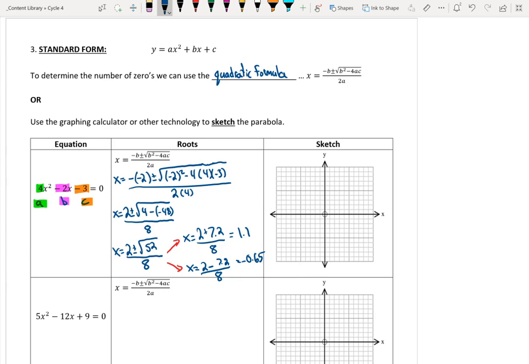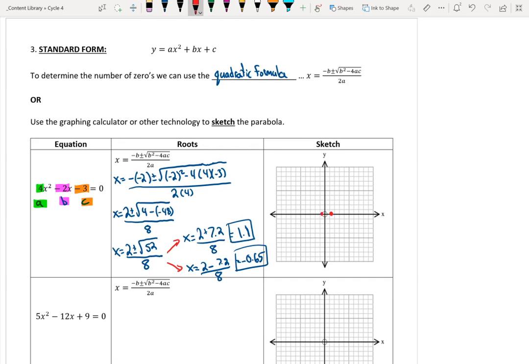Let's just confirm this with Desmos. Which does work. So basically we have our two x-intercepts here. So if we were to sketch those, we would have one roughly here and here.